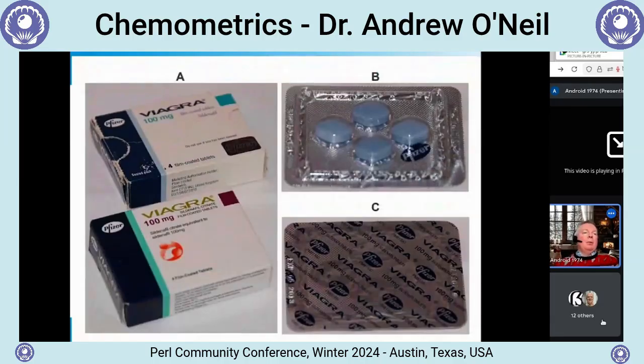Got two boxes here. This is a genuine Viagra 100 milligram packet. This is a counterfeit one. And here we have the blister strip, I believe, of the genuine product with tablets inside. The analysis that I've done has been on tablets that have been removed from the blister, with light shone on them.